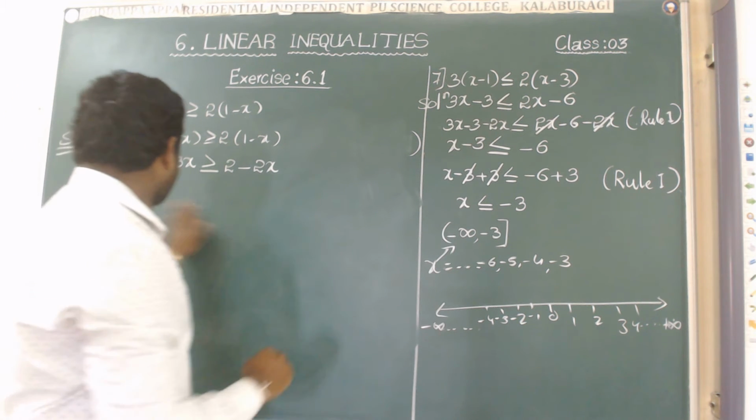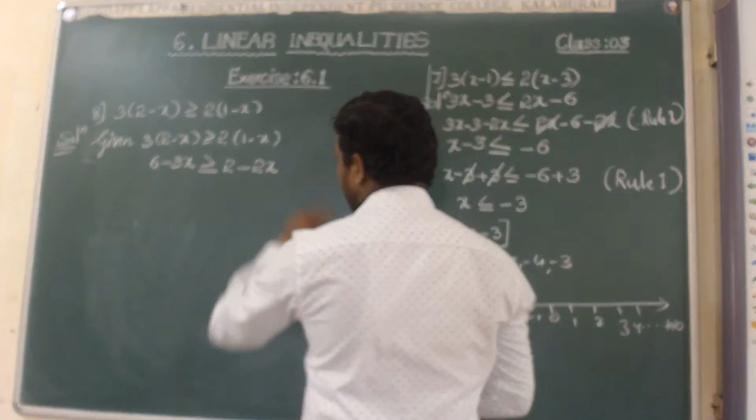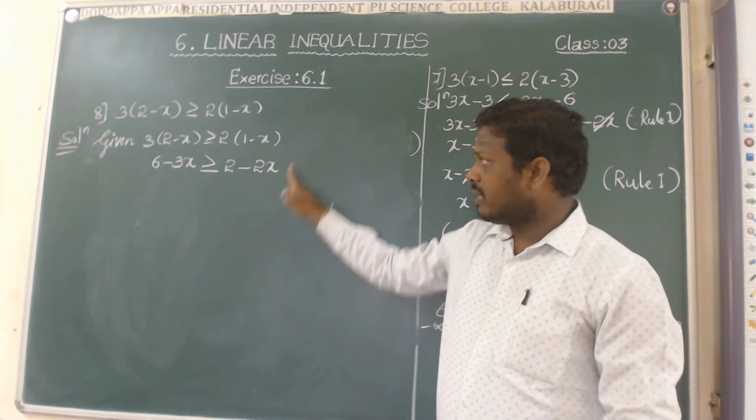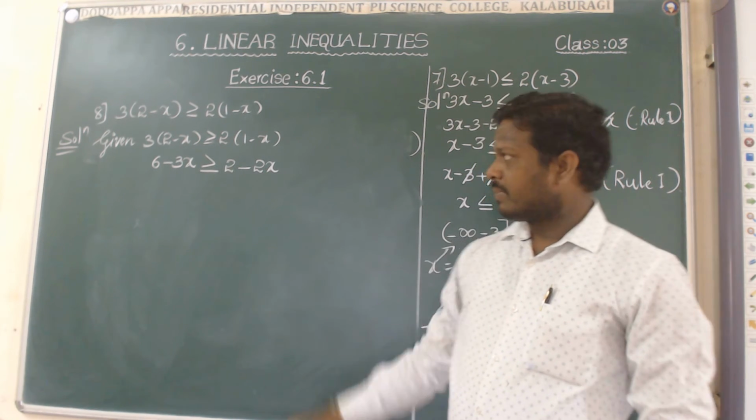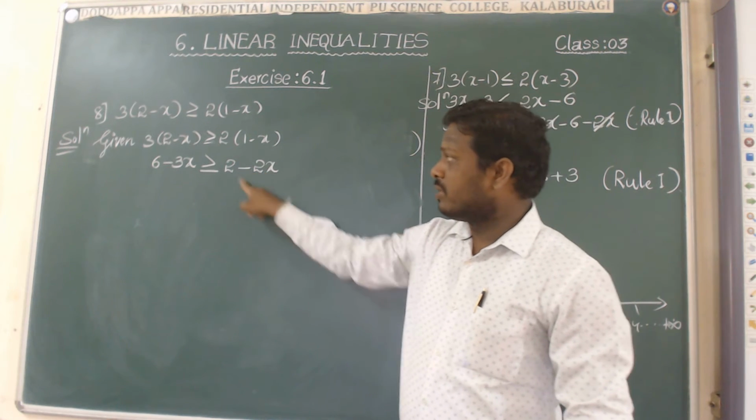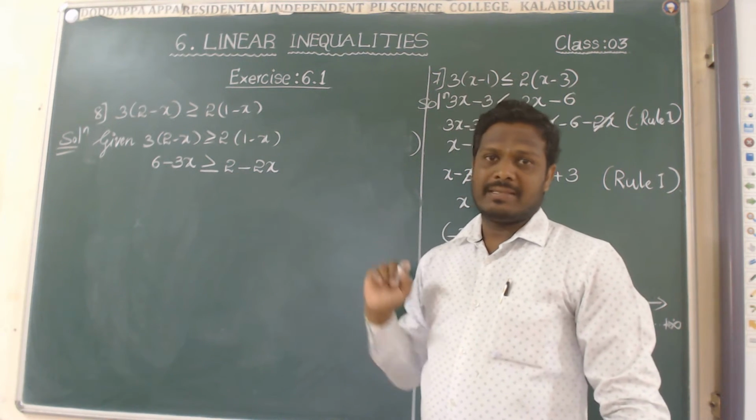After this step, I am removing the minus 2x from the right hand side by adding 2x on both sides.